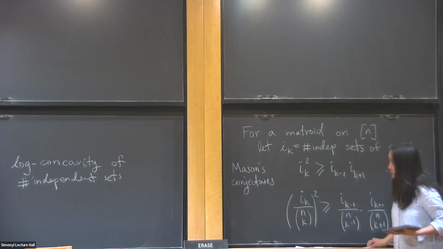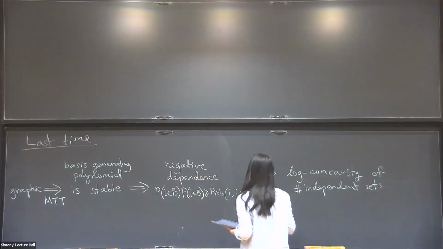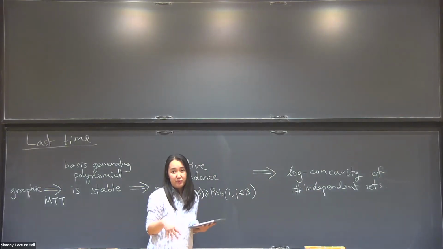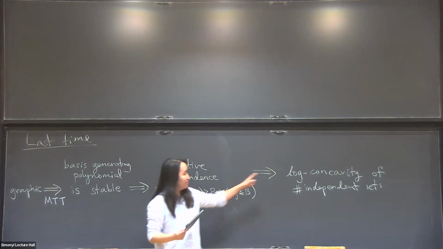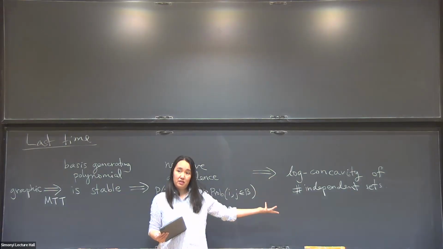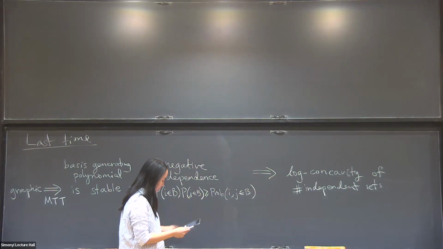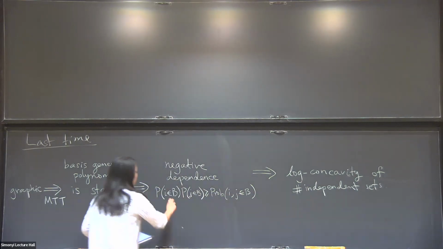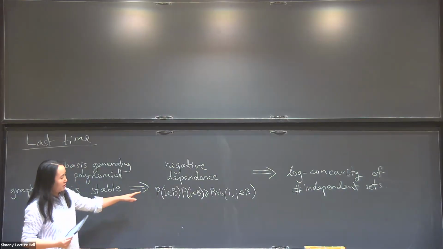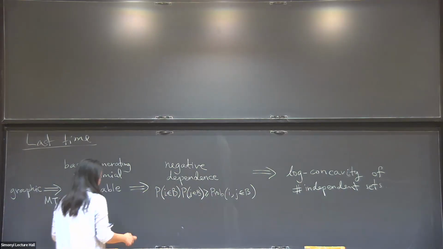So I will briefly explain why negative dependence, if we do have negative dependence for all matroids, which we don't, would have implied log-concavity of independent sets. One way to see this is as follows. You saw in our exercise yesterday that we can rewrite this as an equivalent formulation.